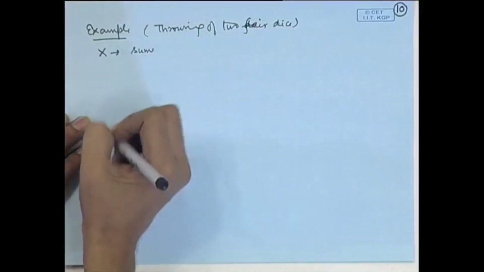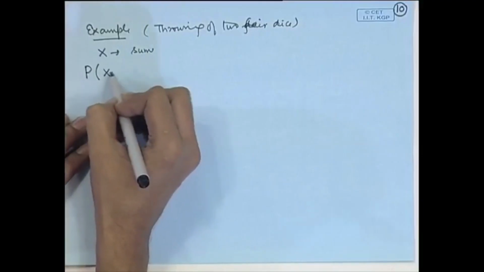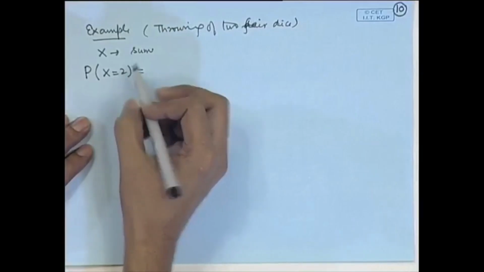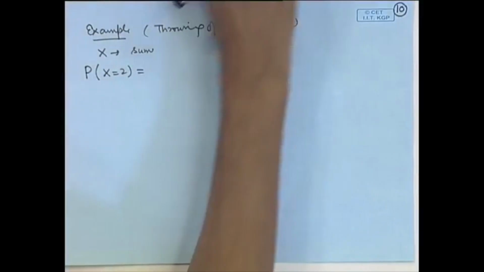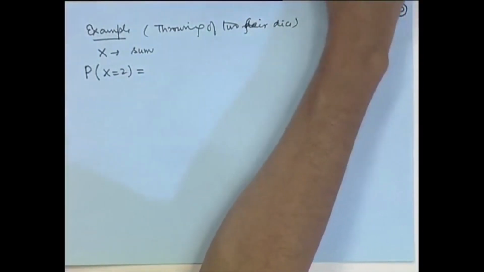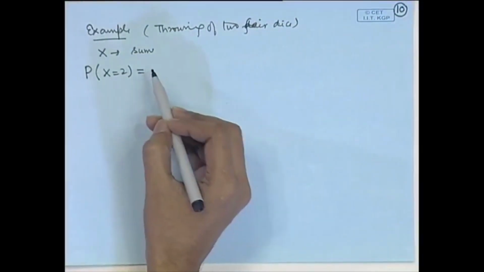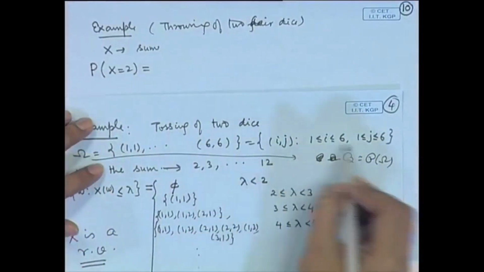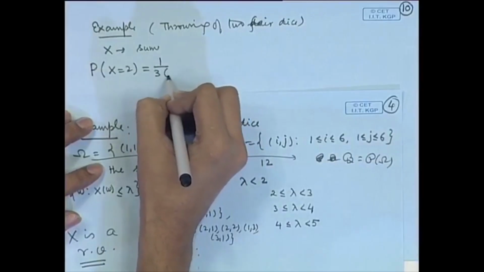Let us look at the probability allotment here. The probability of X equal to 2 corresponds to the event that the outcome is 1 1. There is only one outcome out of 36 outcomes, so the probability of this will be 1 by 36.